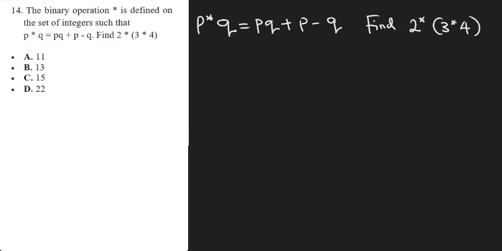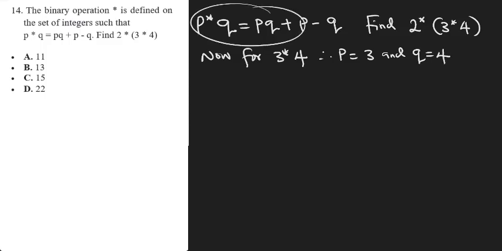The first thing to do is almost the same as the previous question, but this one has 3 numbers. So we're going to first assign p and q to the numbers in the bracket first. So for 3 asterisk 4, the ones in the bracket, if we assign that, that means p will be 3 and q will be 4 in this case. So we'll substitute it into this equation.